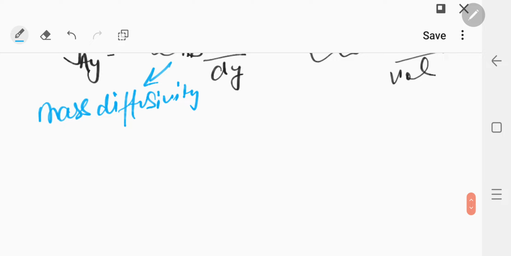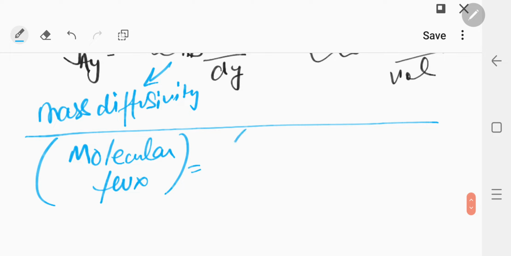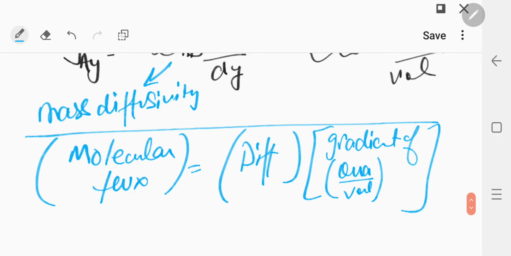So in general, we can write molecular flux as diffusivity into gradient of quantity per unit volume.